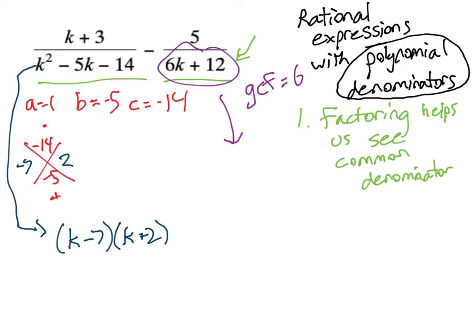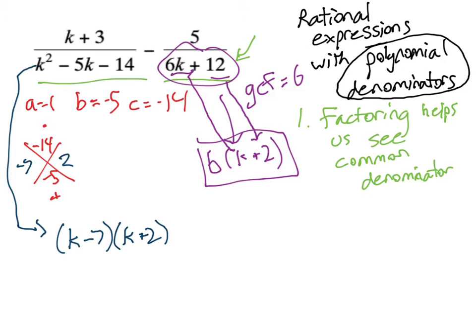So if we factor that 6 out of each of those terms, we're left with k plus 2. 6k divided by 6 is k, and 12 divided by 6 is 2. So we've just factored the denominator of each expression, giving us these sets of factors.